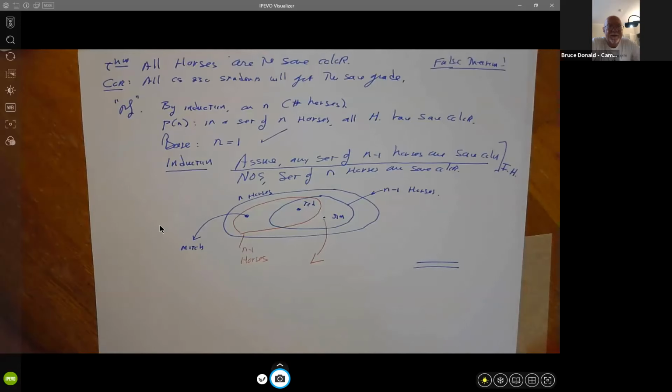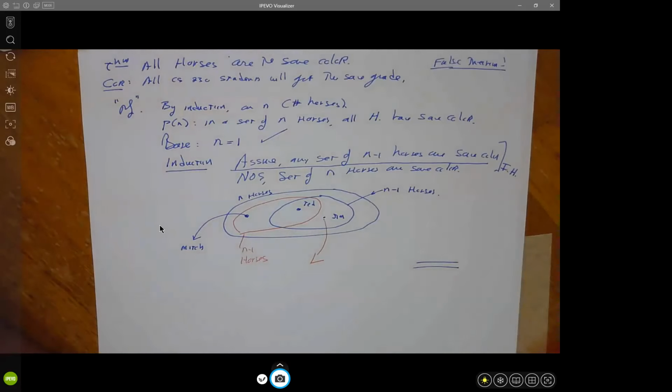Do you believe that all horses have the same color? Or do you believe I made a mistake? One thing that can go wrong is that you don't necessarily have, I guess to describe it, a set of horses that the color property can transfer through.